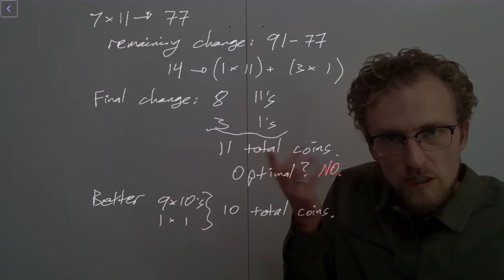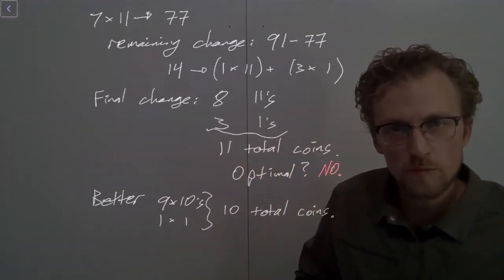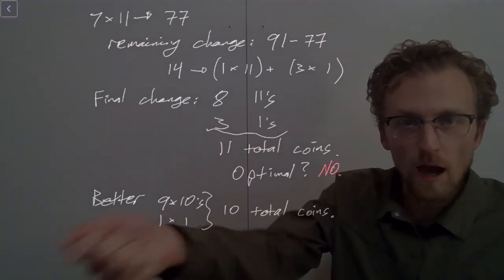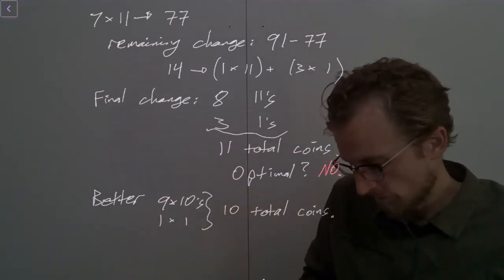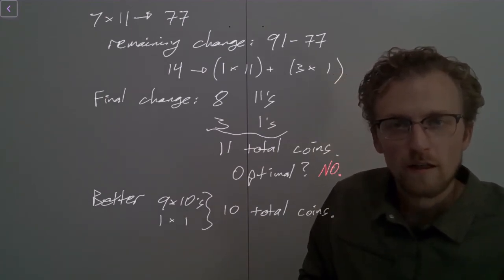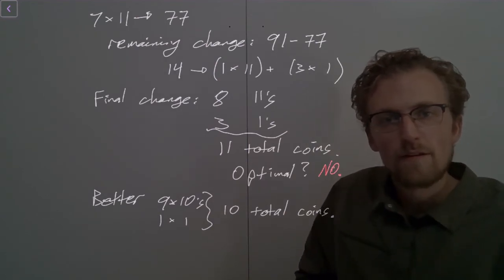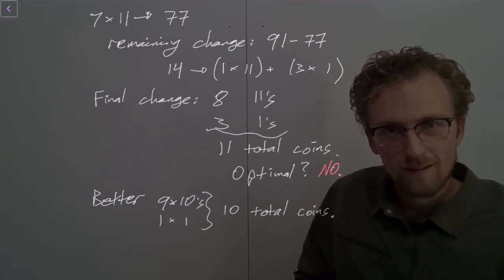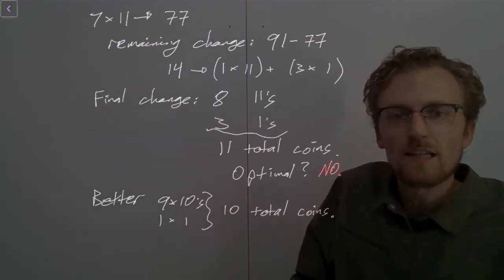And it's this greedy intuition that says, let's try to get as close to our final solution as possible. Let's try to get as close to the optimal solution as we can. The way we do that is we use large coins, right? It seems to make sense. It turns out it's completely misleading. And in this case, we can actually do better than the pseudo-greedy, right? Better than something that uses that intuition without using any 11s at all.